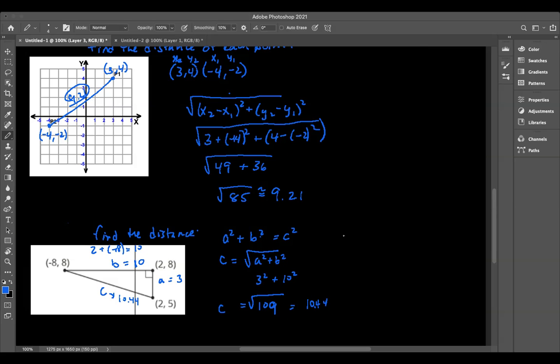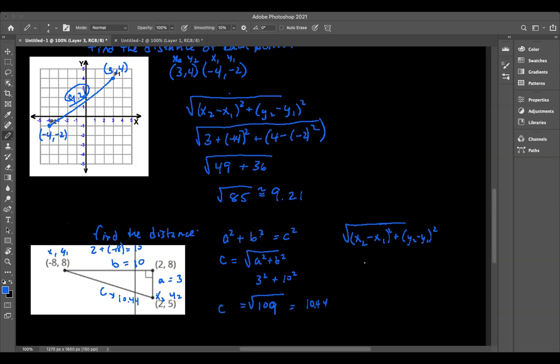Now let me show you the other way of doing that to find C. Just take the coordinate points: the square root of x2 minus x1 squared plus y2 minus y1 squared. Now just do the values here. Remember, go left to right on your x's. So this would be x2, y2, and this would be x1, y1.